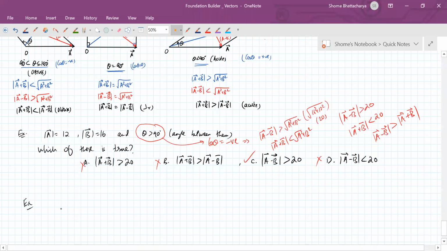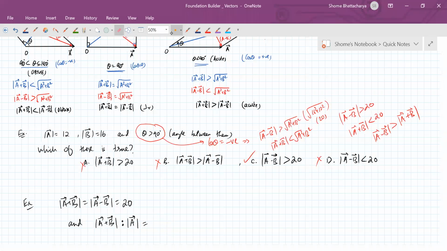Then for example, another question like this: magnitude of a plus b is equal to magnitude of a minus b is equal to 20, and magnitude of a plus b is to magnitude of a is equal to, let us say, root 3 is to 1. Oh sir, not root 3 is to 1.